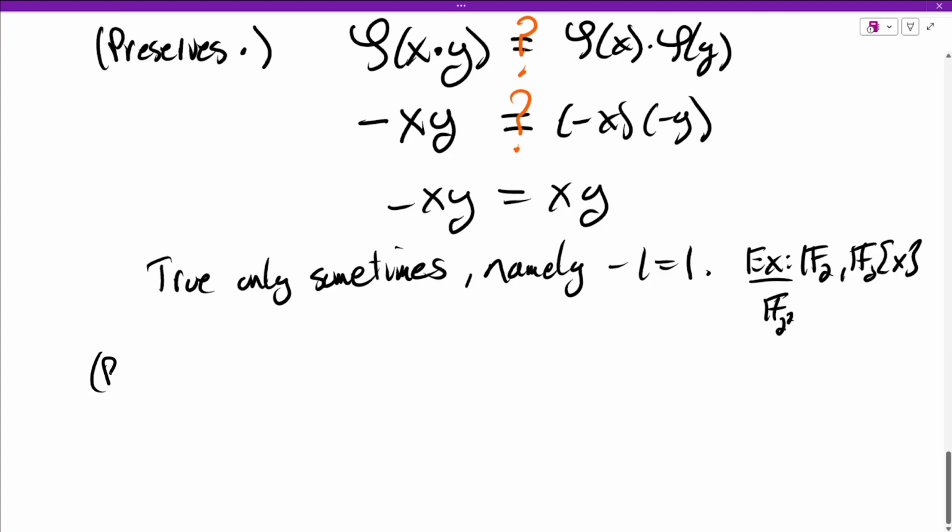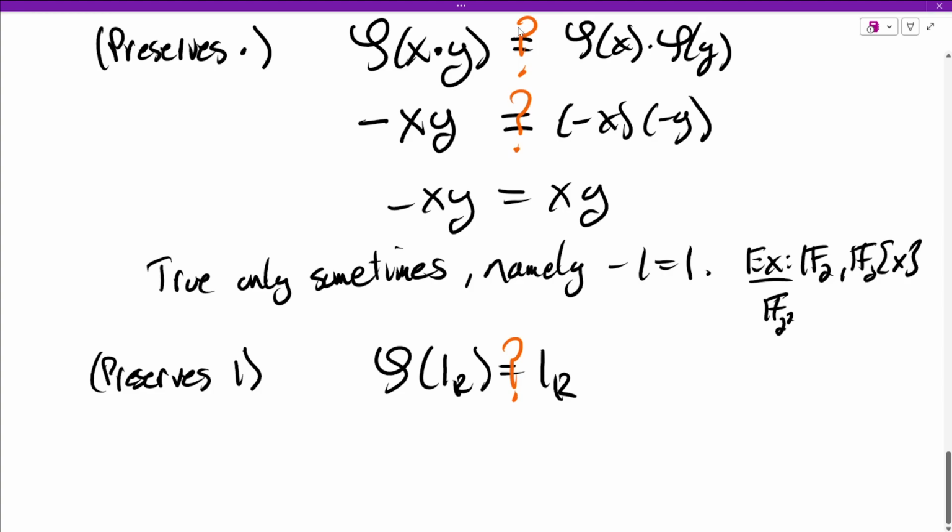And let's check preserve unity. So phi of 1 needs to be 1, and that's a question now. What does phi do? It negates. So -1 needs to be equal to 1. So this is true in the same instances where it preserves times.